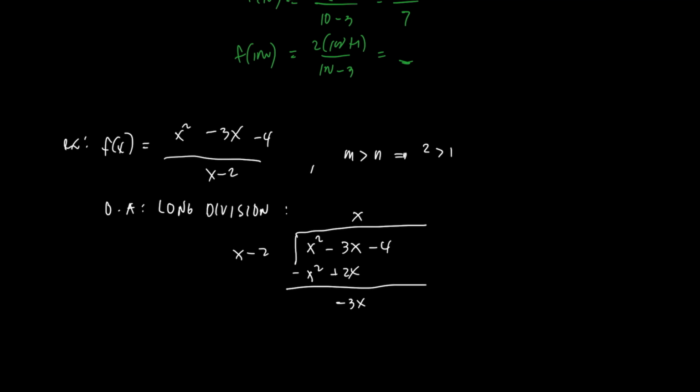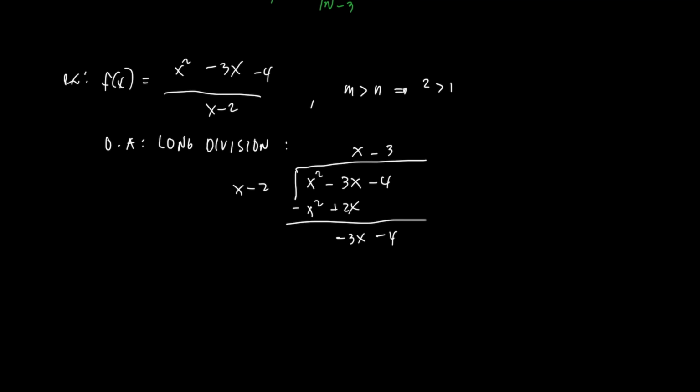So this is negative, this becomes positive. So that's negative 3x minus 4. Then x divided by x, that's 1. Oh no, this is 1, sorry. This is 1 here.